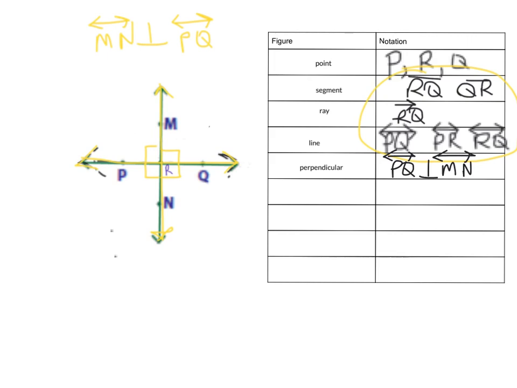Now, in our diagram, we can talk about the angles that are formed. There are several angles formed here, but the first angle I want to talk about is angle MRQ.